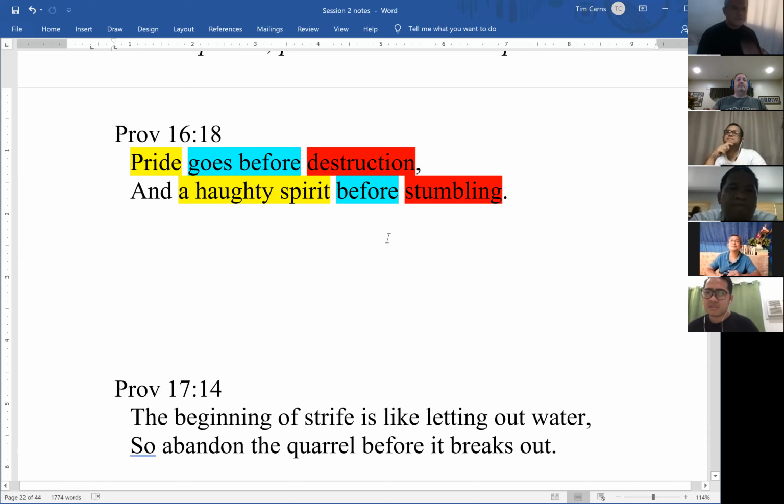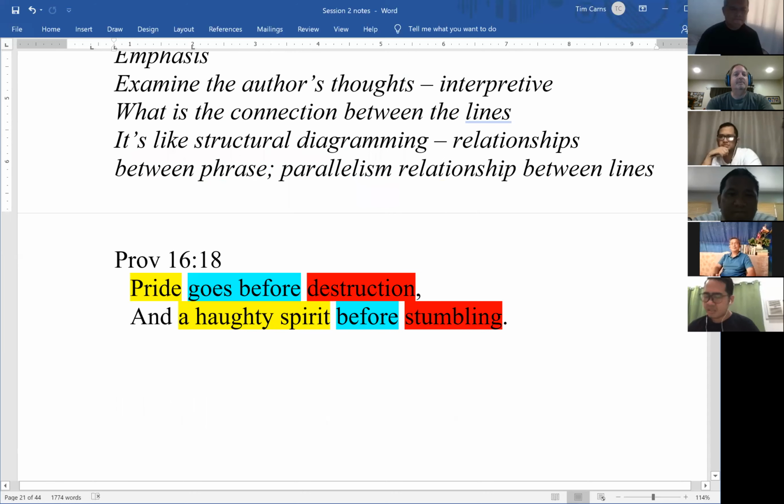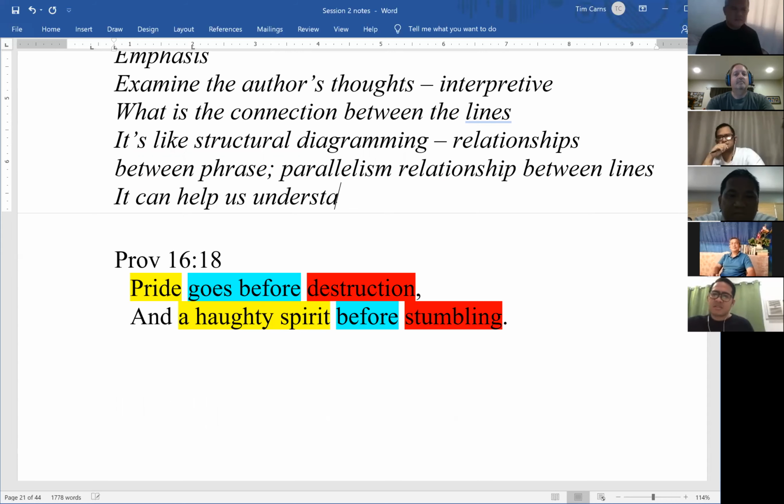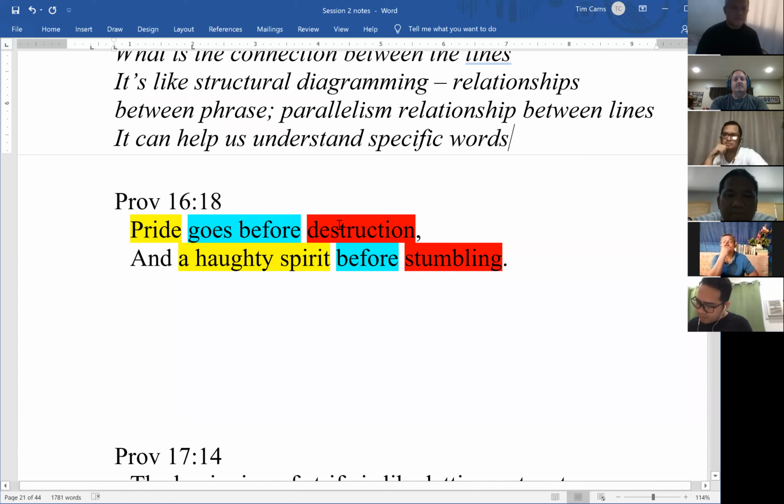Now, another advantage of parallelism is that it can help us understand specific words. So here, for example, we see destruction and stumbling.